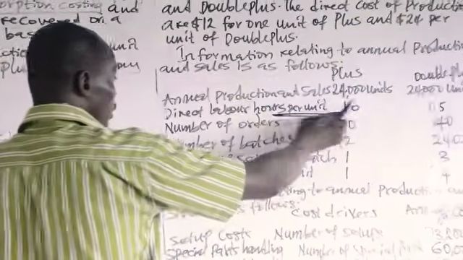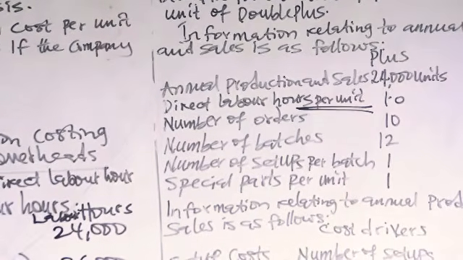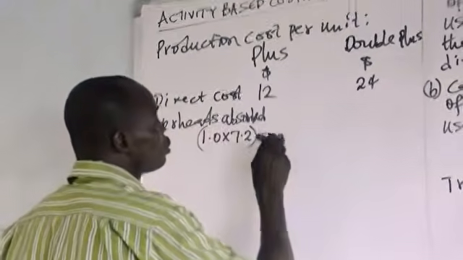Now, to produce 1 unit of plus, you will require 1.0 hour. You have 1.0 times 7.2, and that will give us 7.2.